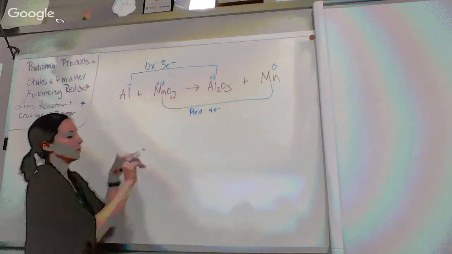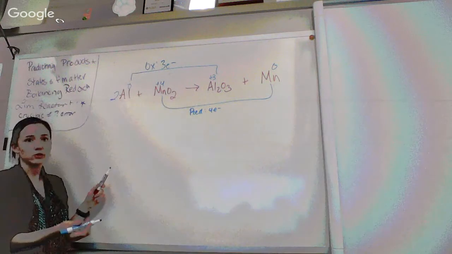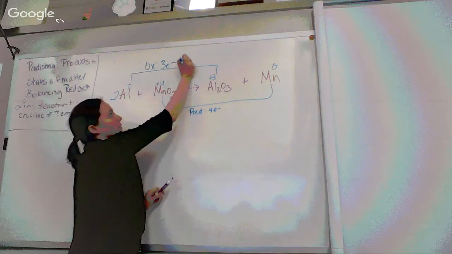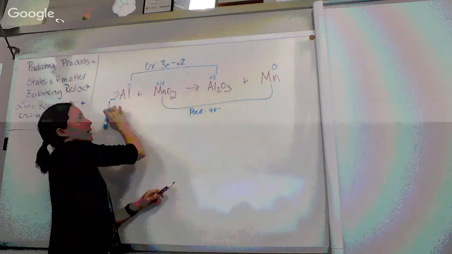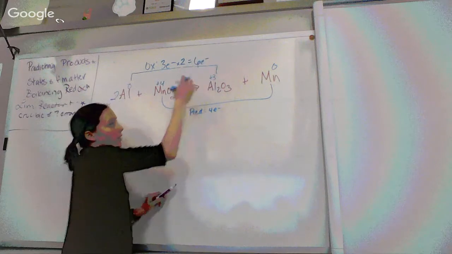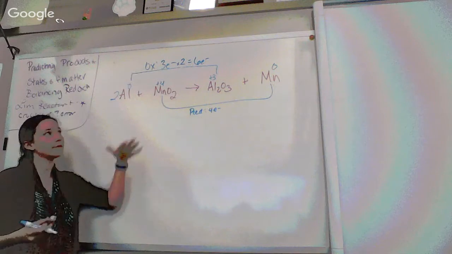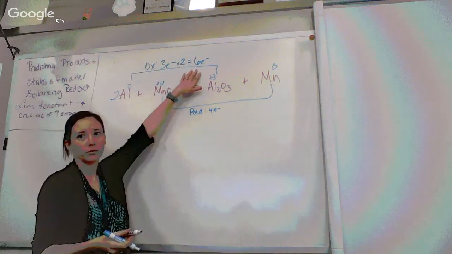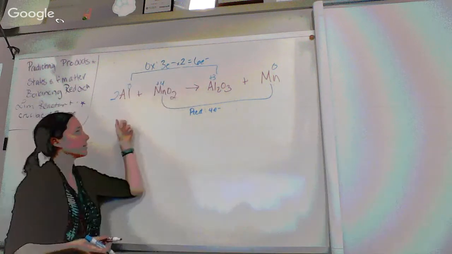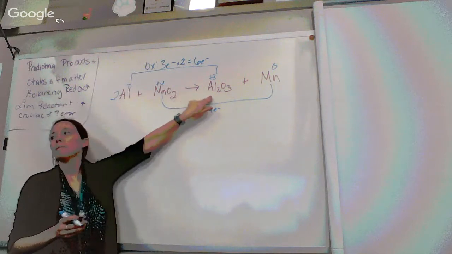So if I'm making 2 aluminums, then I had to actually have 2 aluminums to start my reaction. So I'm going to double, because I just multiplied by what I had to do to make those equal. So really I'm dealing with 6 electrons transferring. And so now when I go to balance my electrons, I have to recognize that 6 electrons are being transferred. That's the step there, and that was because there's 2 aluminums on that side, but not 2 on this side.